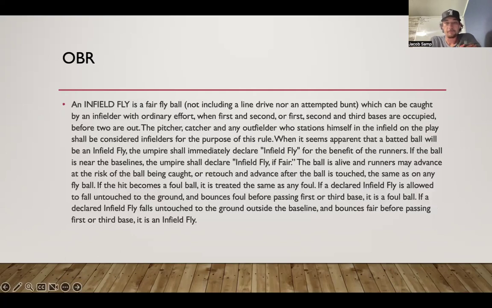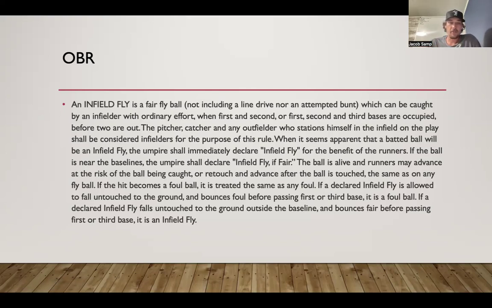Going to OBR, a lot of it's the same. The biggest difference is the outfielder in OBR has to be stationed in the infield to be protected by the infield fly. As you notice here, you will not see a discussion where we talk about the pop fly being in the infield.